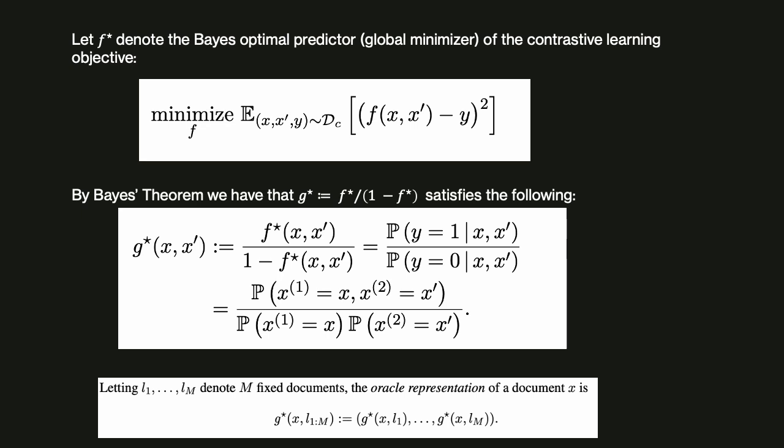So g star of x and x prime equals the probability that x1 is of document x, x2 is of document x prime, over the probability that those two things are happening independently. And if we let L1 to LM denote the M fixed documents that we call the landmark documents, we arrive at an oracle representation of a document X.